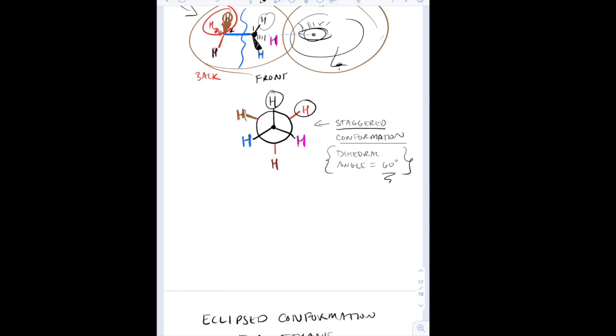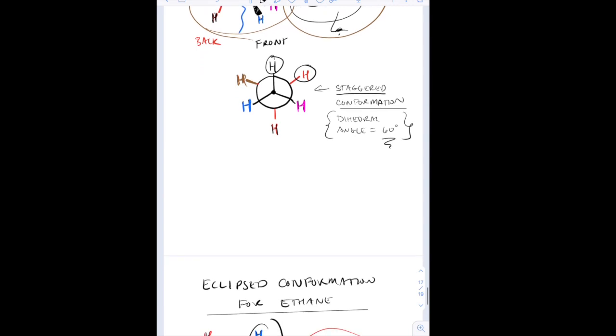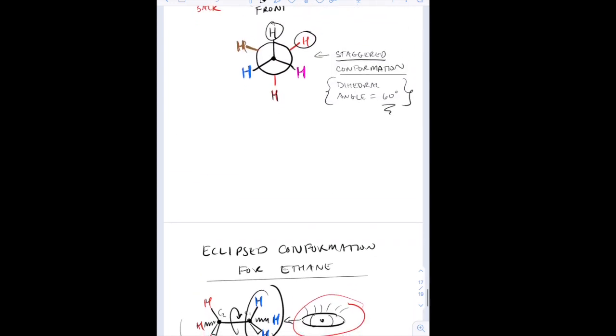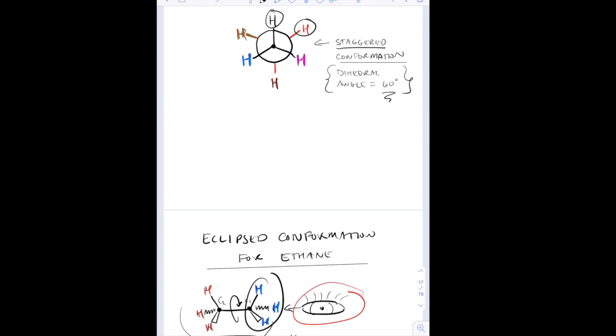The hydrogens, at least on the staggered conformation, you can see that they're nicely laid out, spread out pretty much as far as they can get, right? And that's a theme that we've seen before, right? Making sure the atoms are as far away from one another as possible. So that's kind of like VSEPR theory, right? The valence shell electron pair repulsion.